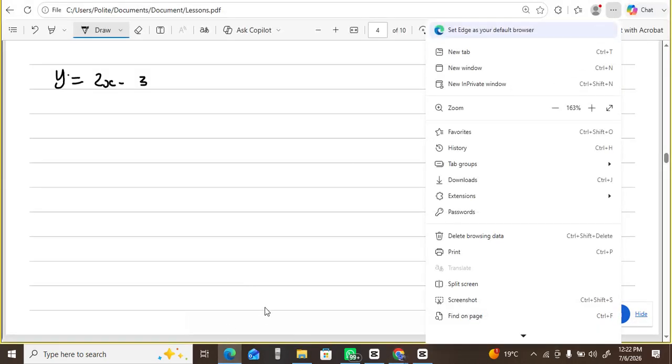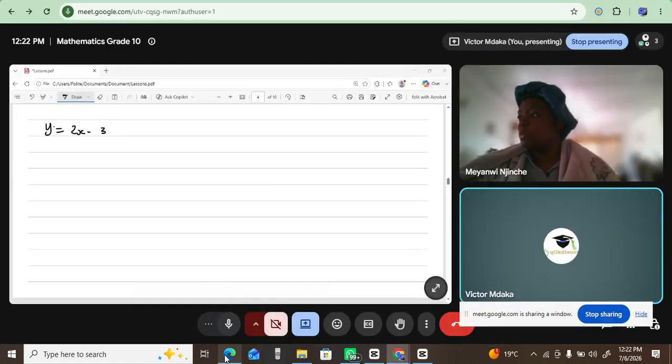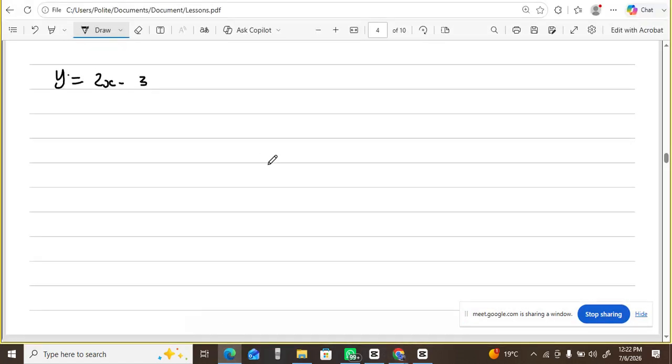So when I say 2x minus 3, that's a function. And what type of function is this? This is a linear function.